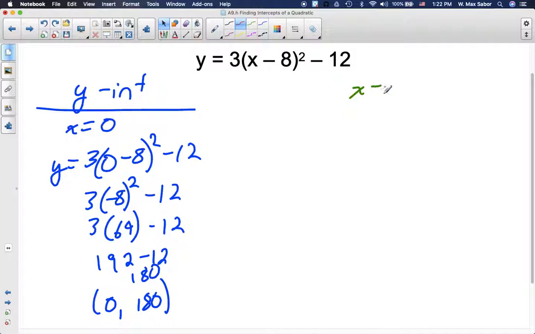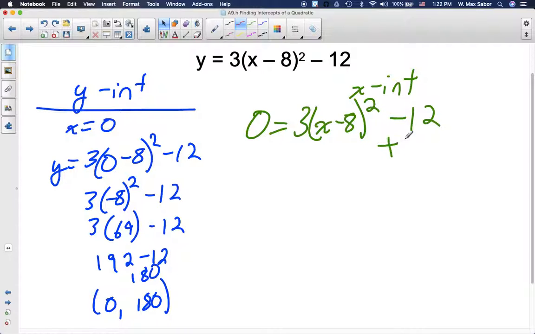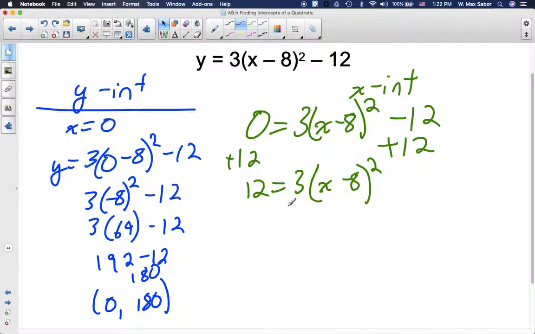For the x-intercepts, we'll set 0 equal to 3 times x minus 8 squared minus 12. Add 12 to both sides. So 12 equals 3 times x minus 8 squared. Divide by 3, 4 equals x minus 8 squared. Square root both sides, so we get plus or minus 2. Split that into two equations.